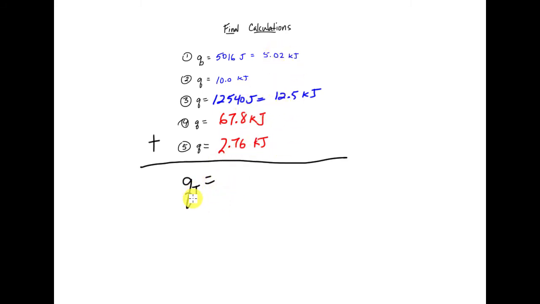So my final answer, when you add up all of this, is going to come out to 98.1 kilojoules. 3 significant figures because of the 3 significant figures in the mass of the water. If you want to, you can come back to this chart here.